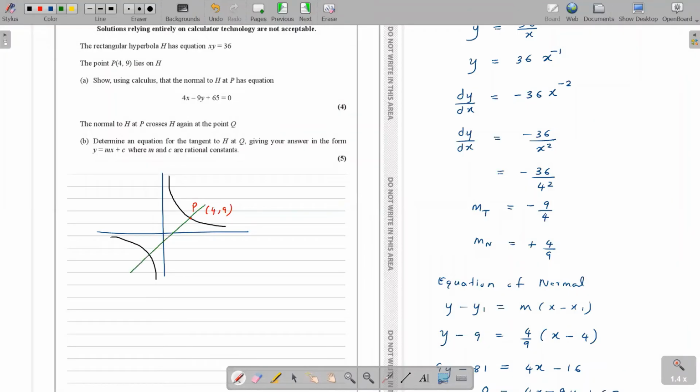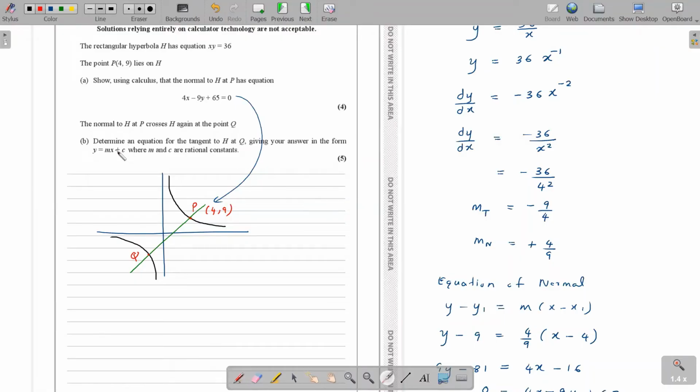A normal is a line that is perpendicular to the tangent. So this normal equation which we found, they say the normal to the hyperbola at P crosses the hyperbola again at the point Q. Do you see the point Q? According to my diagram, point Q is over here. I just give a rough idea to clearly understand what's going on here.